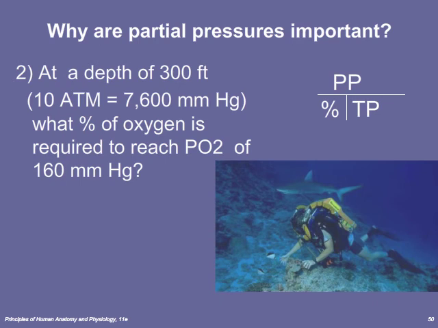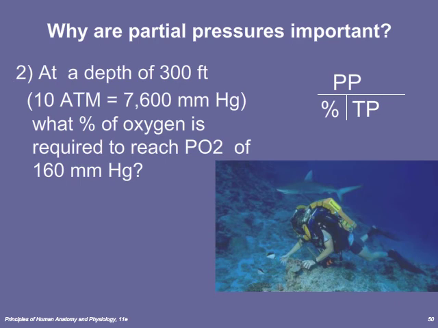What are we trying to solve for? Percentage. Put your finger over percentage on the screen, and you see that the percentage will equal the partial pressure over the total pressure. So in this case, the percentage would equal 160 over 7,600. Do the math on that real quick and find out what that comes out to be.